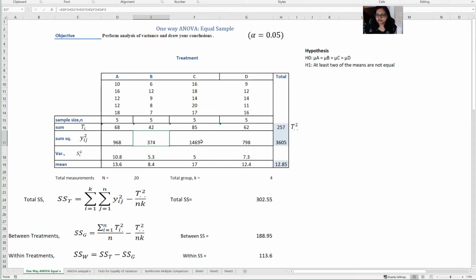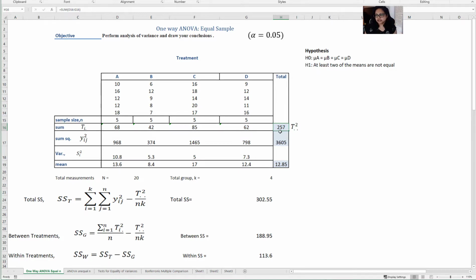I did the same for each group. I also get the total sum. When I sum these values normally, what's the total if I sum them all? I write that here.